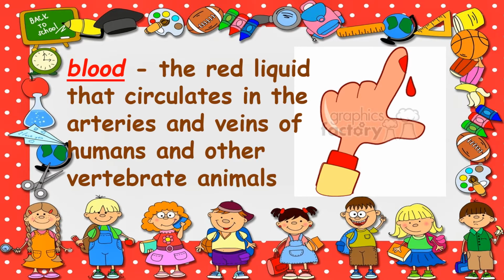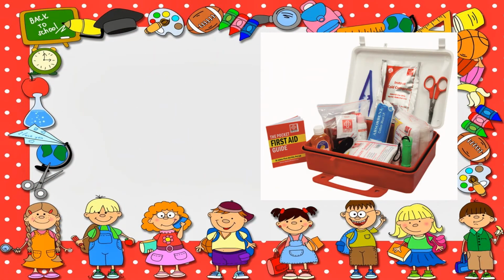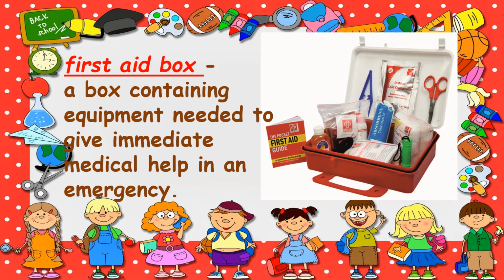Blood means the red liquid that circulates in the arteries and veins of humans and other vertebrate animals. First aid box. A box containing equipment needed to give immediate medical help in an emergency.